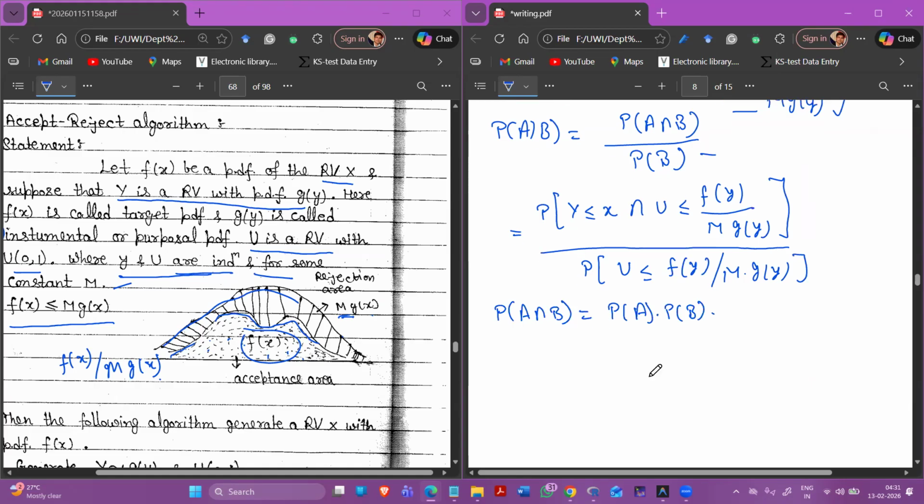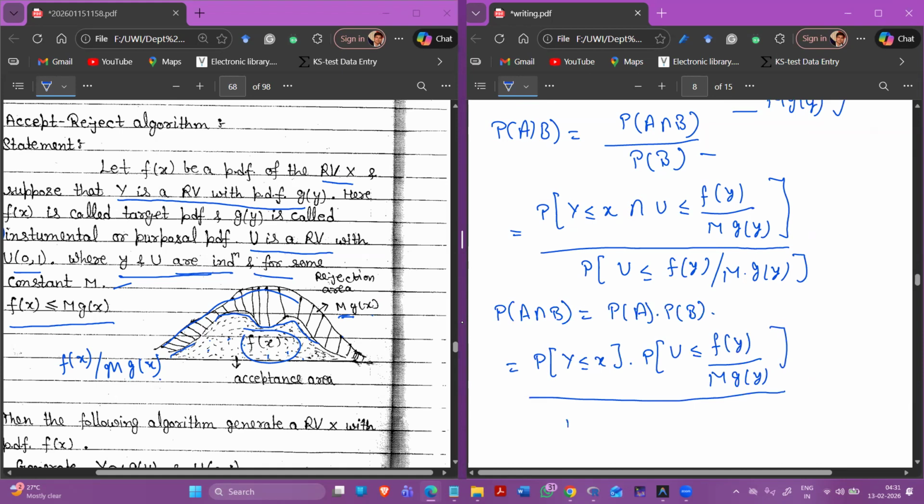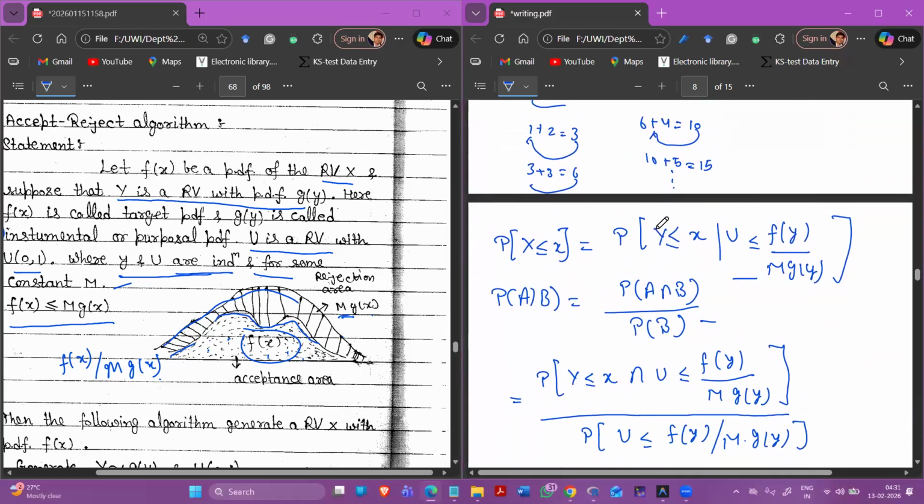So similarly we are going to use here probability Y less than or equal to X into probability U less than or equal to fY divided by M gY, divided by probability of... this was fY, no?